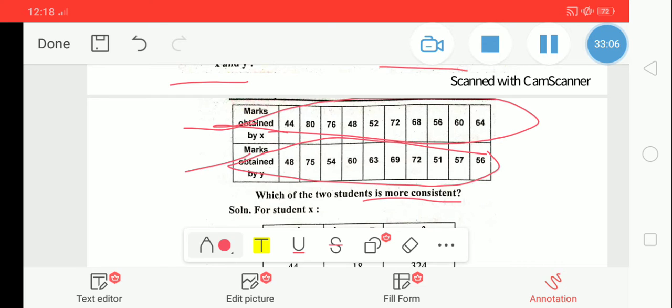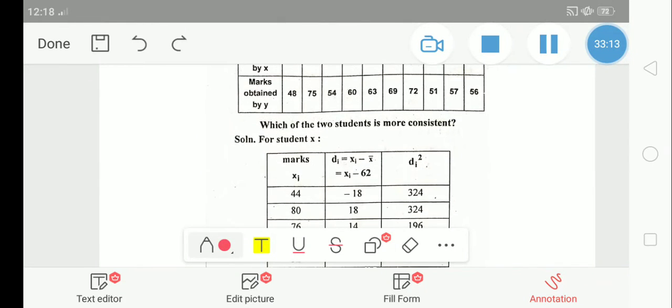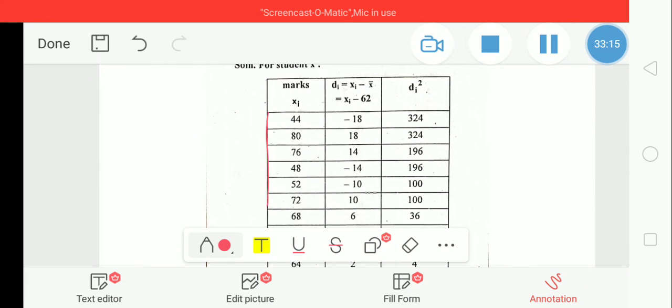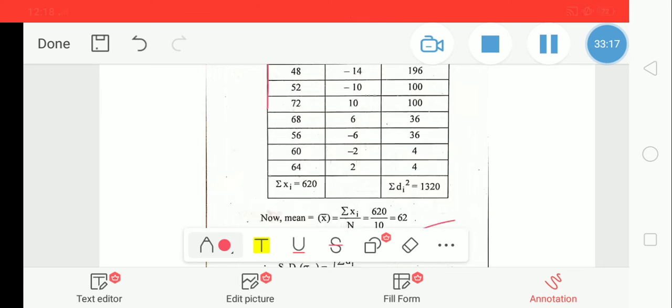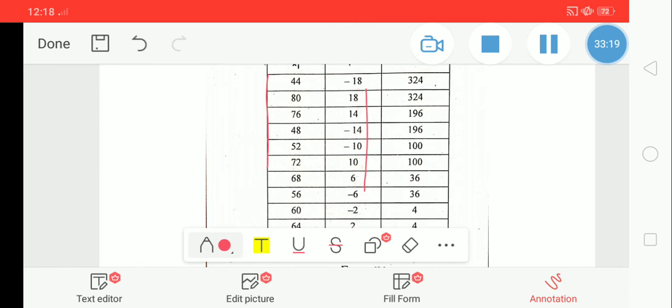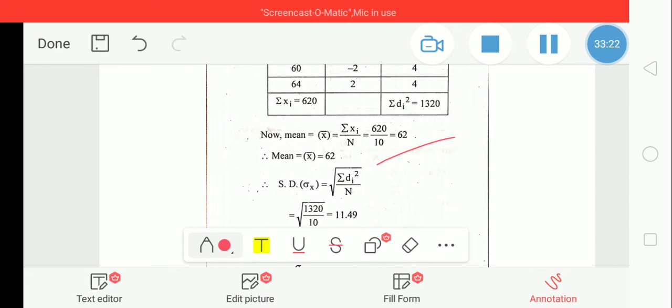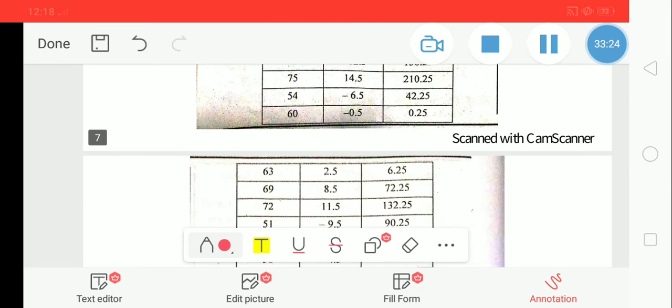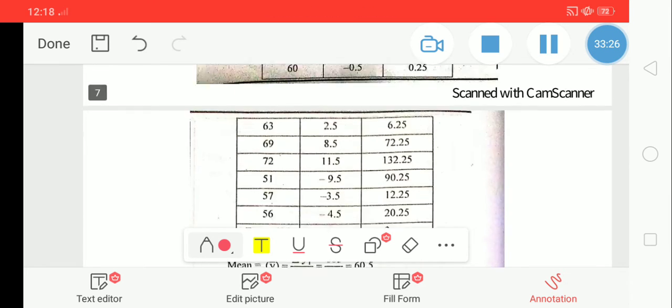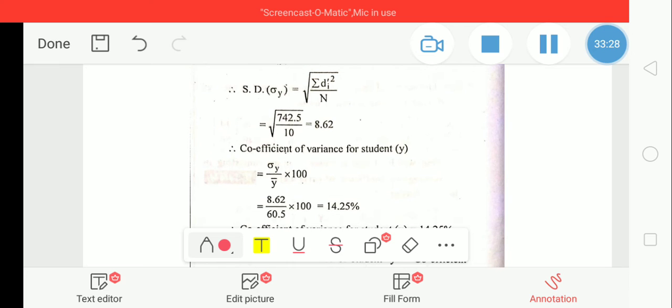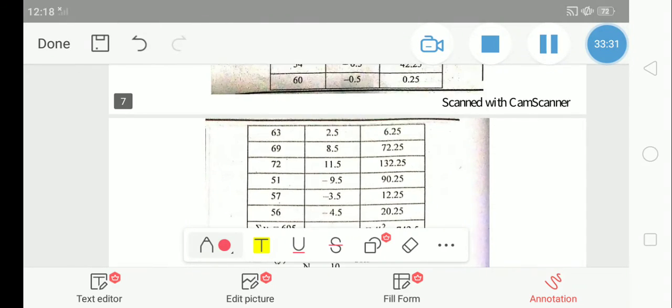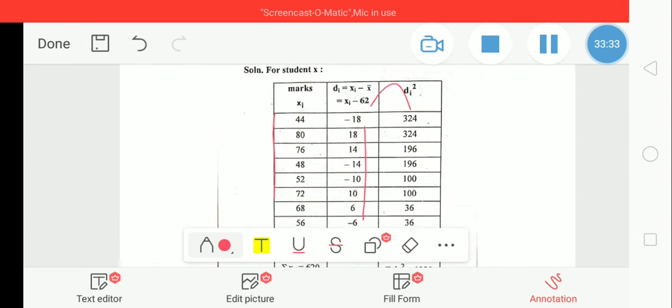Here also it is the same: find the consistency. Find the mean, take the whole square, and do the same for the other. So this sum is homework for you.